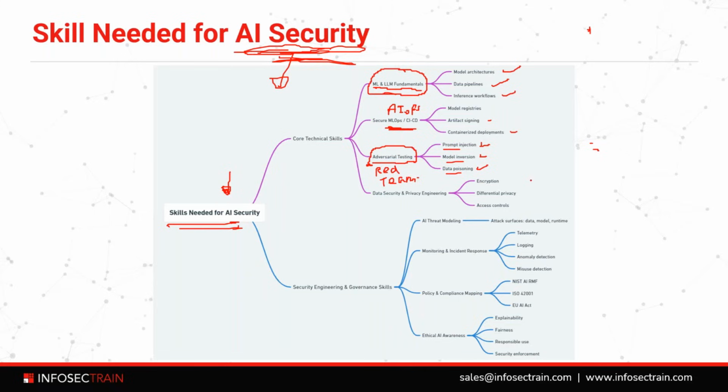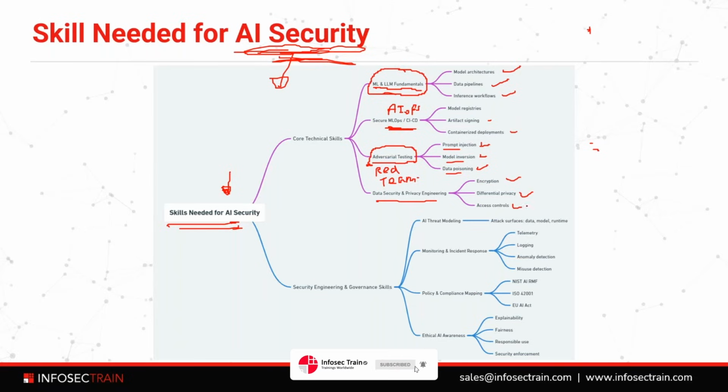Then if you're on the defensive side, you need data security and privacy engineering, how to apply encryption in this. Differential privacy is something that you use on your data, so that if someone does data poisoning or model inversion, they don't get access to your original data.